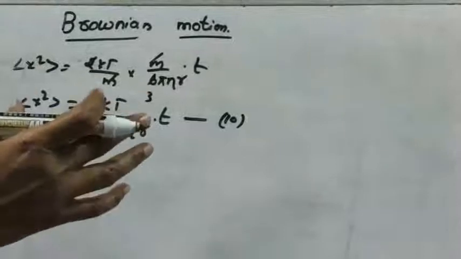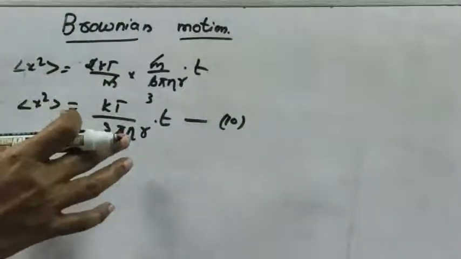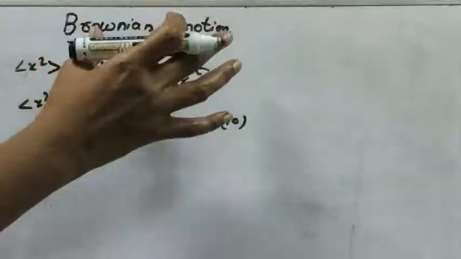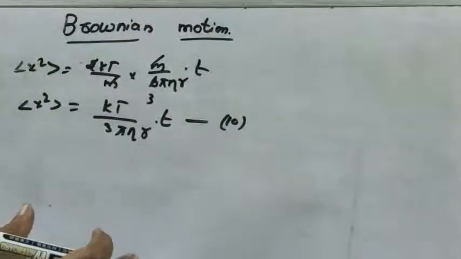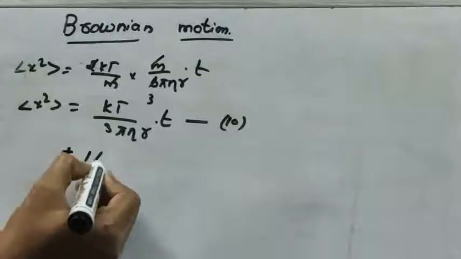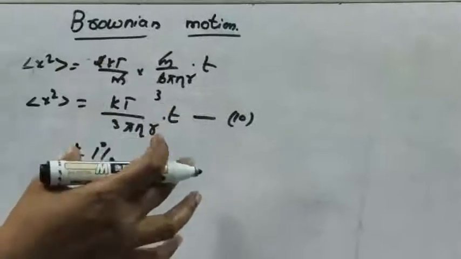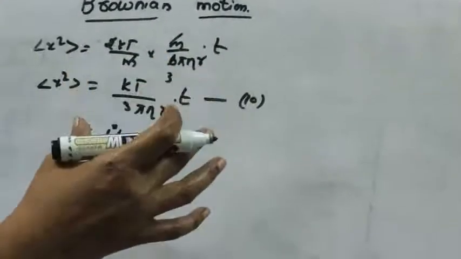Now many experimental studies conducted on Brownian motion have shown that plus or minus 1% fluctuations occur in the considered liquid.